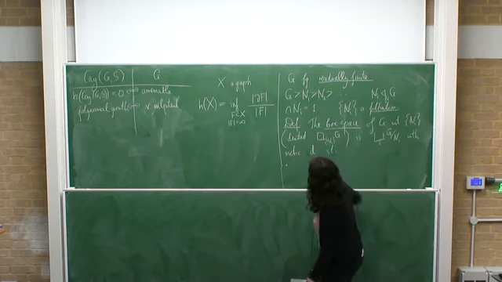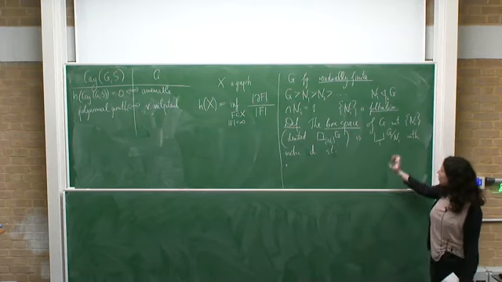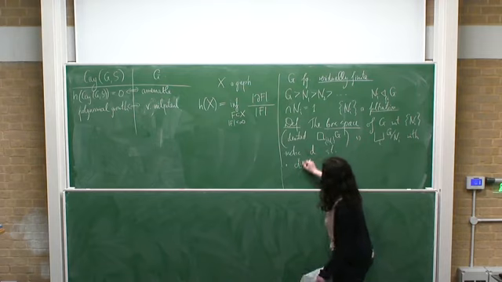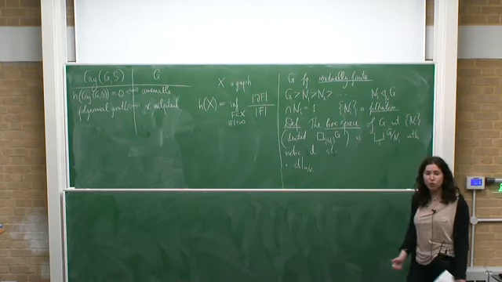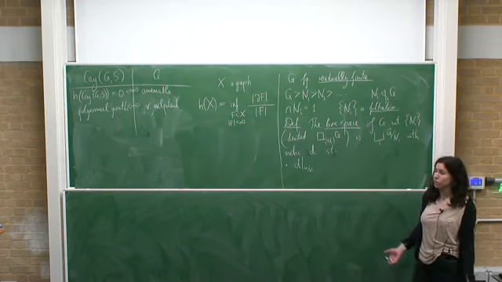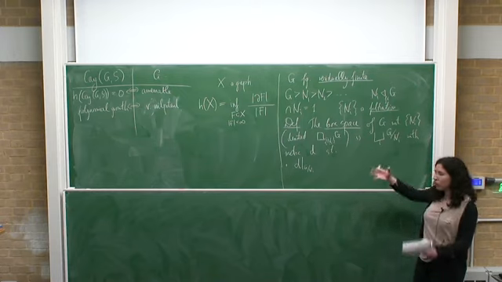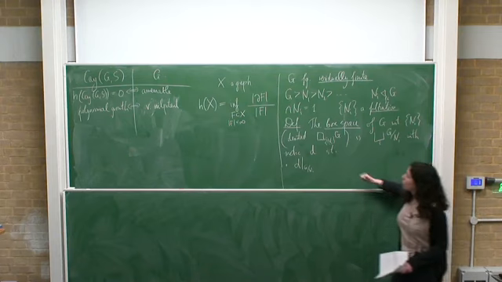And we specify two things about this metric. First of all, on each finite piece, we'd like the metric to be just the Cayley graph metric induced by the Cayley graph metric on G. We fix some generating set for G, G is finitely generated, and then we look at the induced Cayley graph on the quotient.